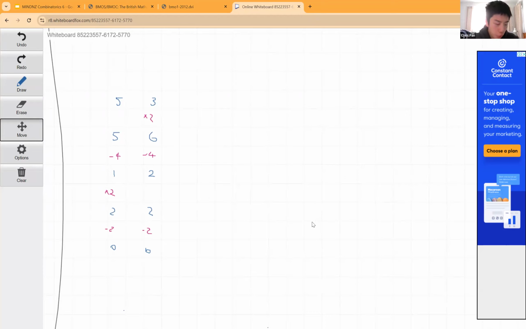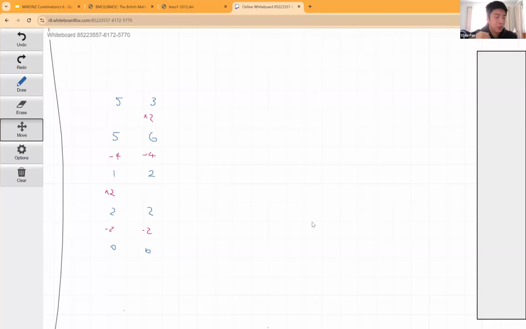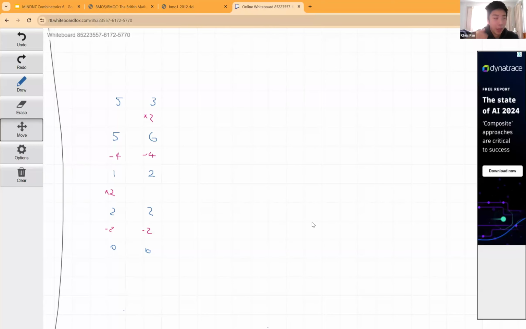The other thing you want for an algorithm is you want repeatability. You want something that you can do for any pair of two numbers, right? This example isn't so good. The reason we multiplied by two at the start is because three times two is six. It's kind of close to five, right? But that's not going to necessarily hold for any pair of numbers, right?